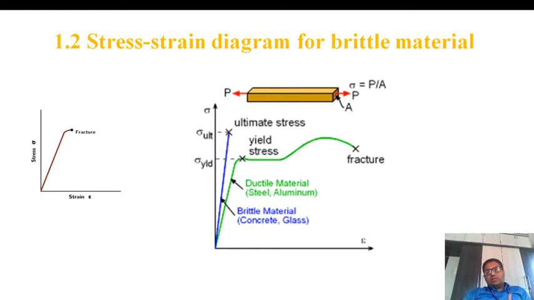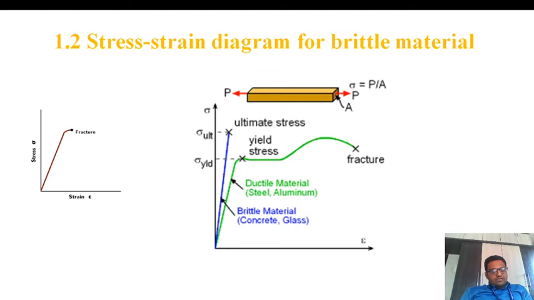For ductile material, you will see the elastic point, the yield point, cup and cone formation, and necking phenomenon. But in case of brittle material, see the left diagram, there the yielding is absent in brittle material. There is no elasticity in case of brittle material.